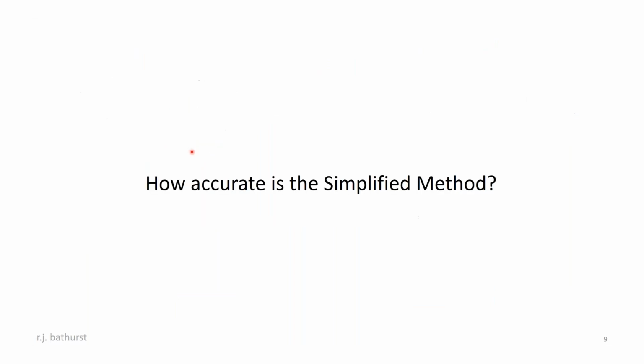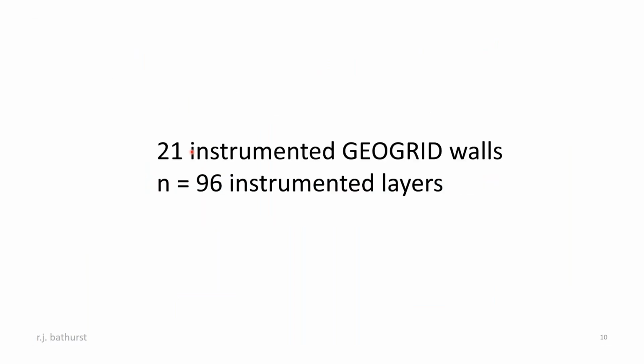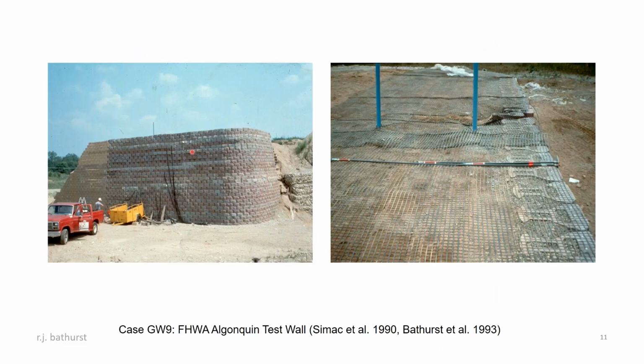And to answer that question, we gathered measured strain data from high-quality instrumented walls in the field, including, for example, geogrid walls. And we were able to gather about 90 measurements from about 96 instrumented layers. And this slide here shows an example of one of these walls.